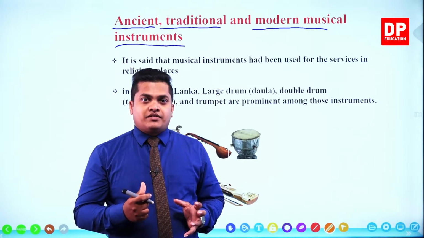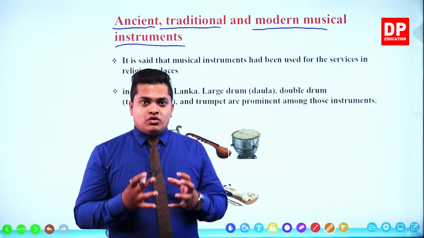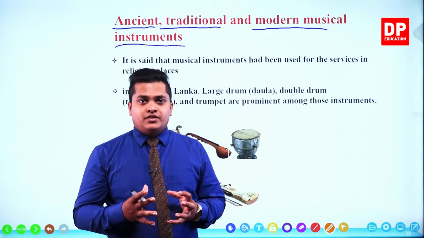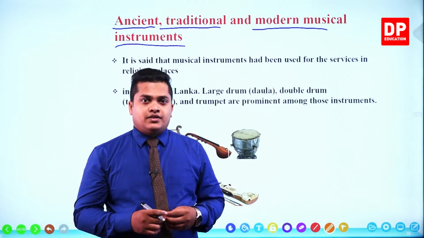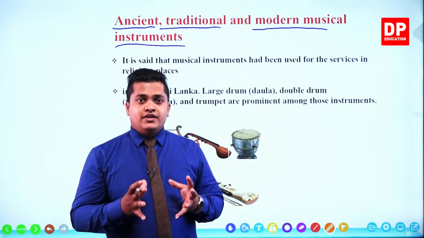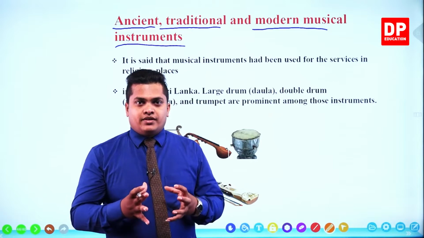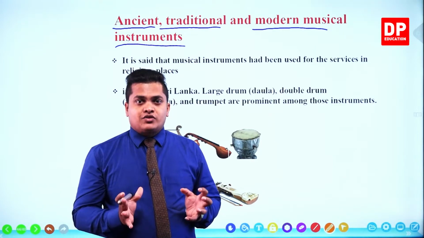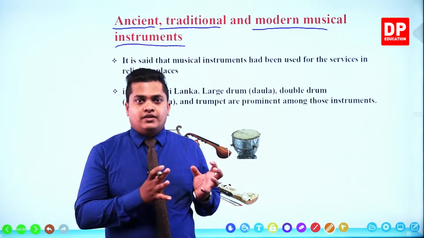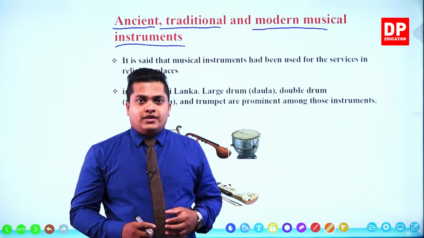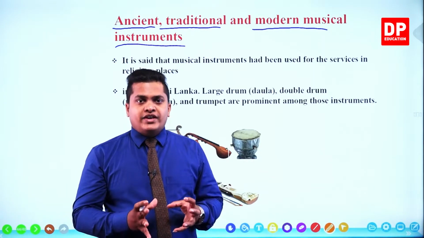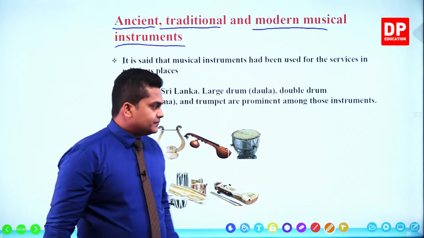The most common traditional instrument in India is the sitar. In Sri Lanka there are different drums like Udakkiya, Gataberaya and the Rabana, the large drum that we play in festivals, right? Those things are traditional to our Sri Lanka.